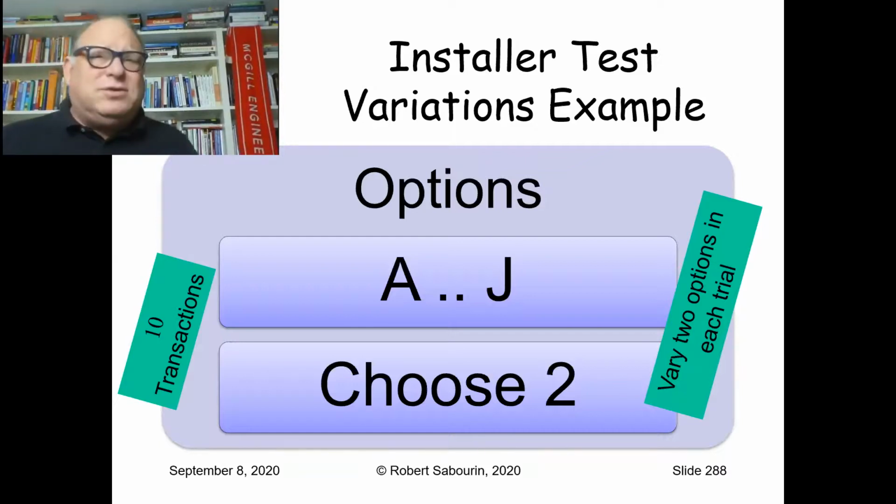So it would be interesting to say, if there's a lot of options, why don't we design a series of tests which uses the default option for most of them, but chooses a couple that we're going to vary? What if we try to vary 2 options in each trial, and we have 10 to choose from?